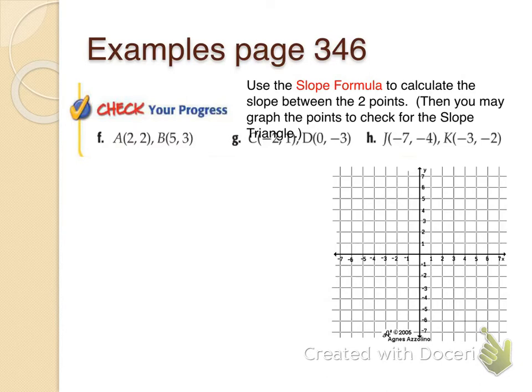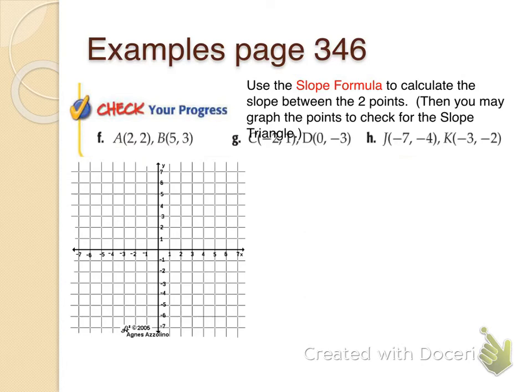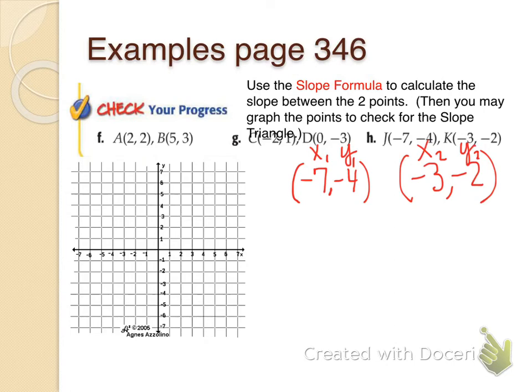Let's look at, we're going to skip actually to example H. So looking at this one, I've got -7, -4, and I'm going to label that as x1, y1. And then I've got the point K, -3, -2. Okay, that'll be x2, y2. Alright, filling this in, I have m equals y2 minus y1 over x2 minus x1.